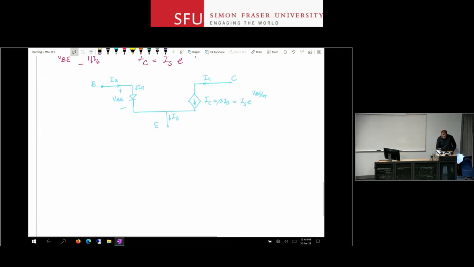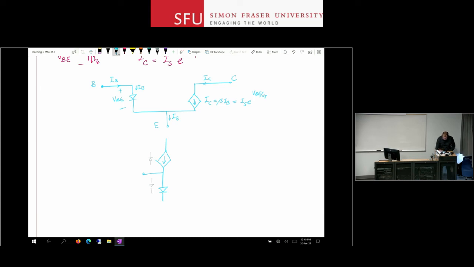I could also come up with an alternative model where I have my current source here, base is connected between the two, and then I have a diode here. This is more realistic. Remember that I had those two diodes, right? So one junction here, one junction here.